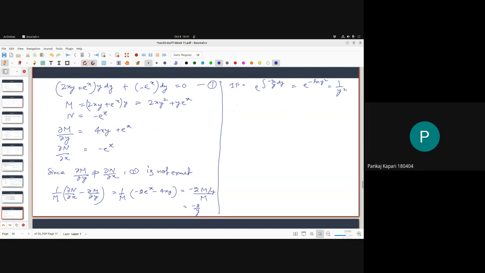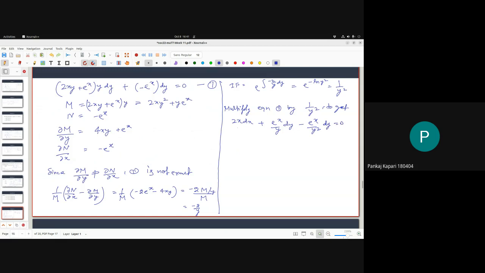And if you do that, so what do we get? Multiply equation 1 by 1 over y square to get 2x dx plus e to power x divided by y dy minus e to power x divided by y square dy is equal to 0.